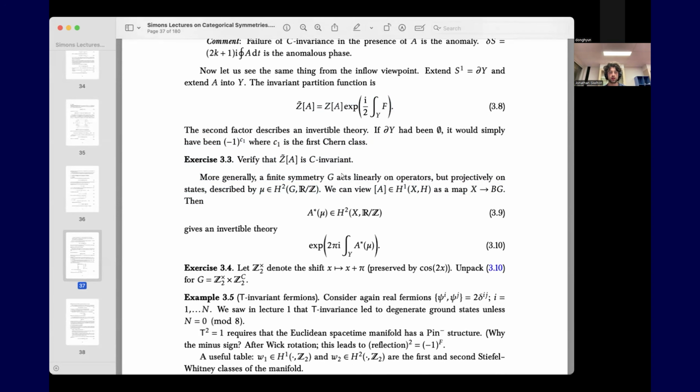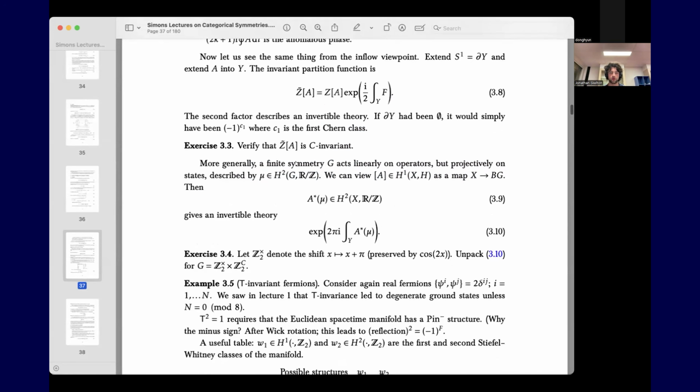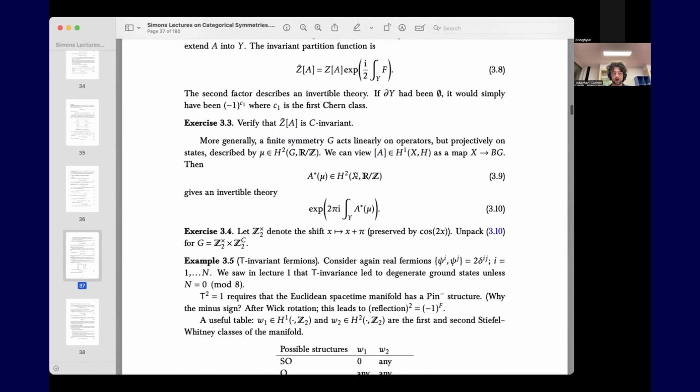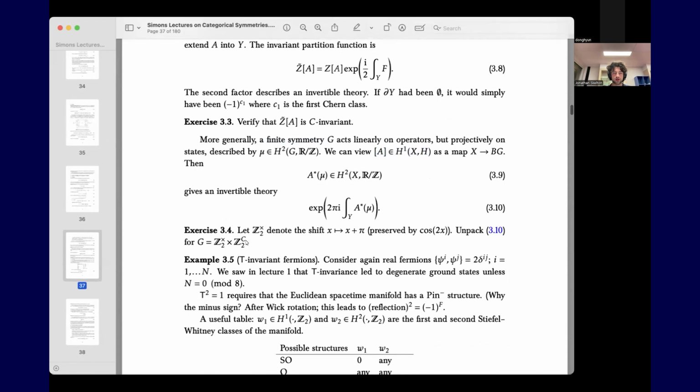But then you can also consider it just for a finite group, where because we have this discrete group, we have zero curvature. And because we have zero curvature, it means that we can define a cohomology on the manifold without the symmetry group.